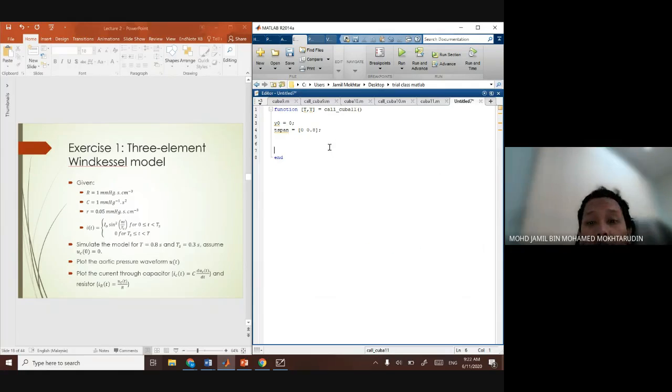And then in your calling function, you can write the ODE solver. So call the ODE function, time span, and y naught. Save first.